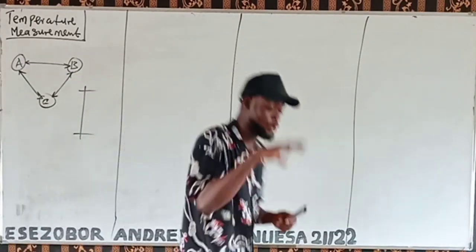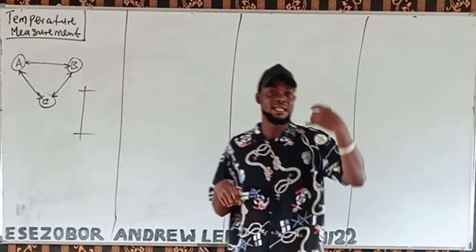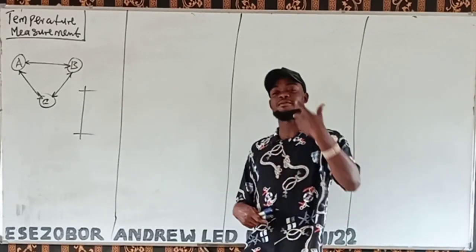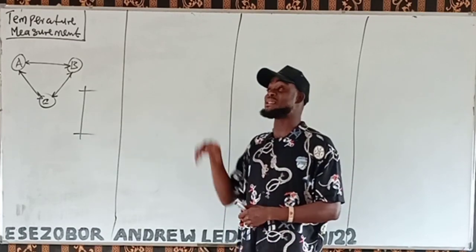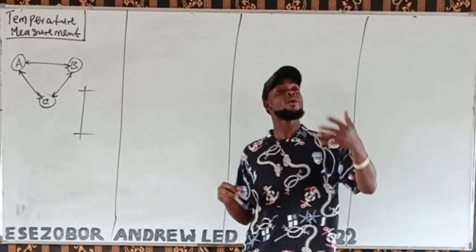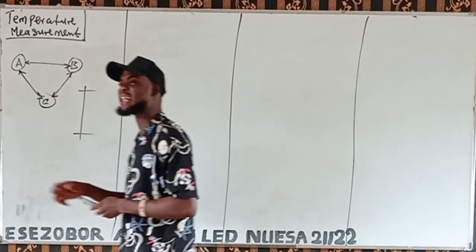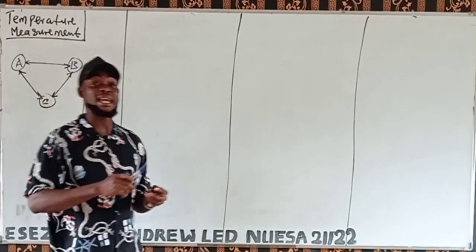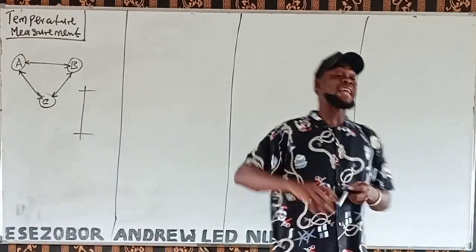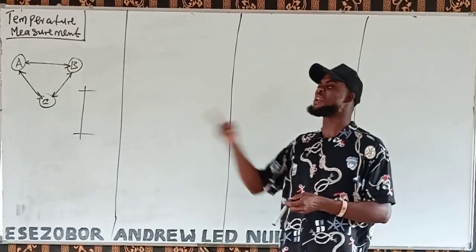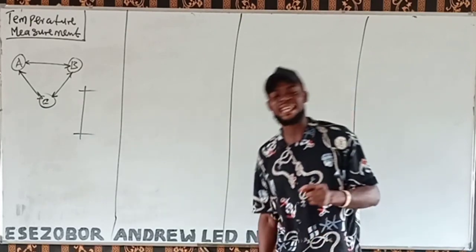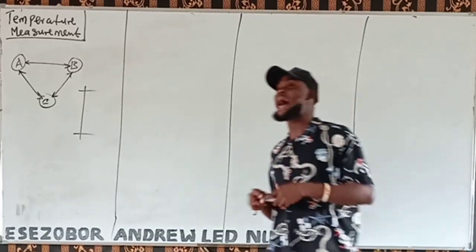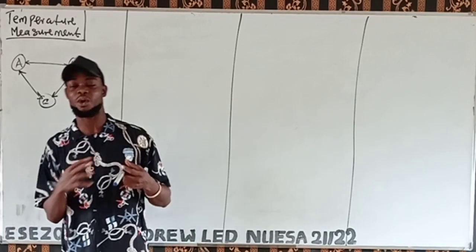And as I said, you will choose a body with a defined thermometric property. Now, what is the meaning of thermometric property of a substance? It is a physical property that can vary or change in a known way with temperature, and it can also be measured by means of a gauge temperature.